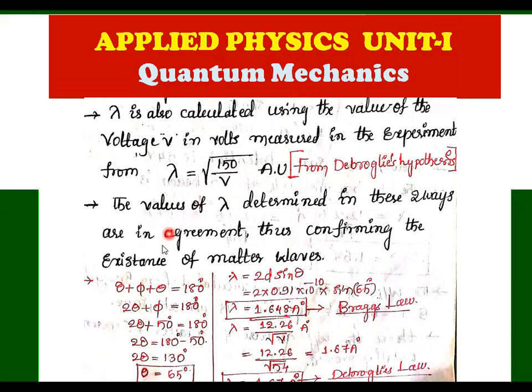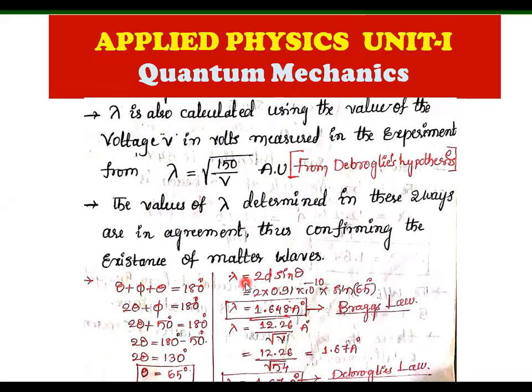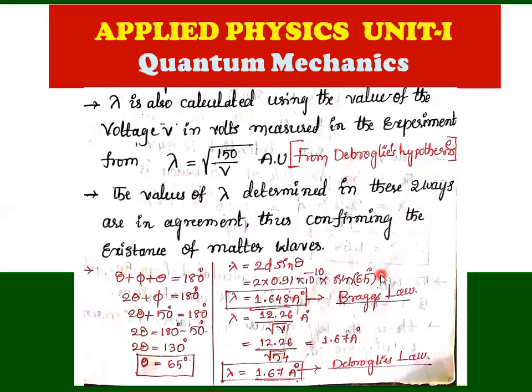Here lambda equals 2d sin theta, where d is 0.91 angstrom for the nickel crystal, and theta is the glancing angle, equal to 65 degrees from the figure, and the lambda value can be calculated.